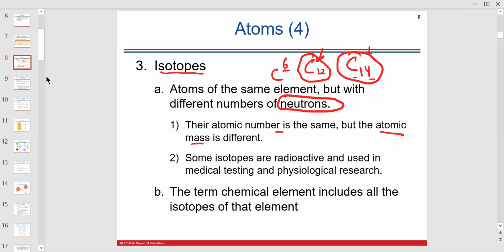And isotopes are what's called radioactive. So how does that correlate? I love doing clinical correlations. We use it for medical testing and physiological research. This is human physiology, but this is important. So what does an isotope do?